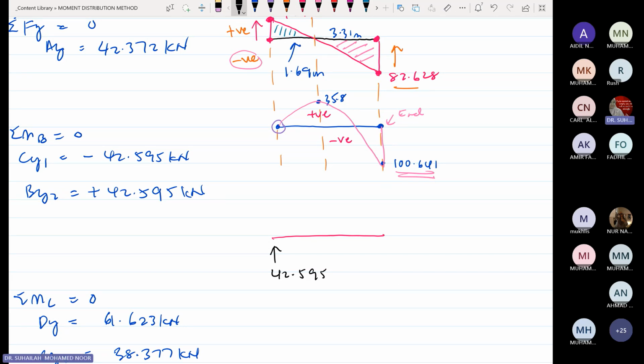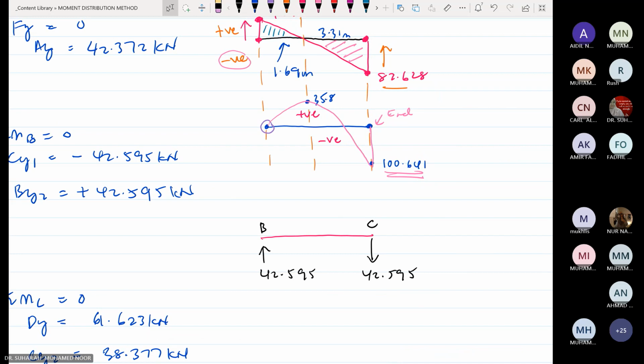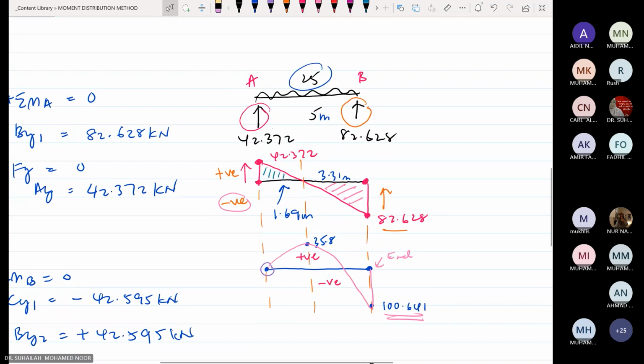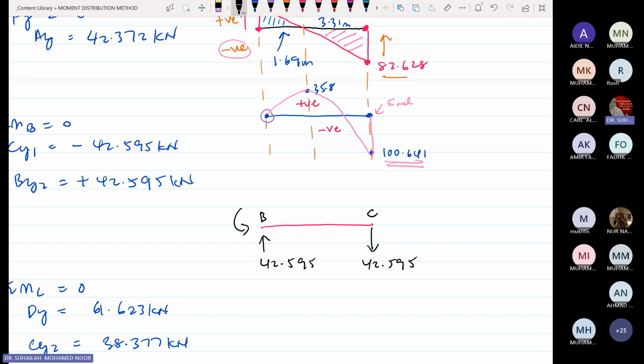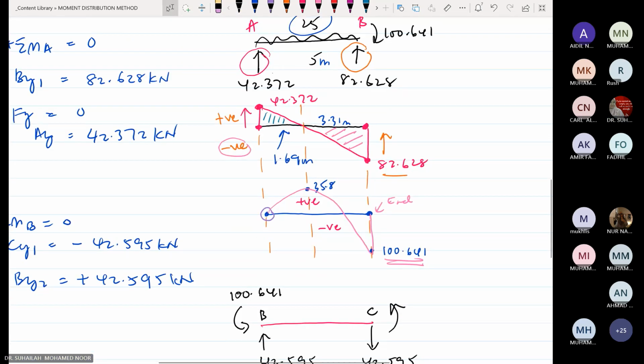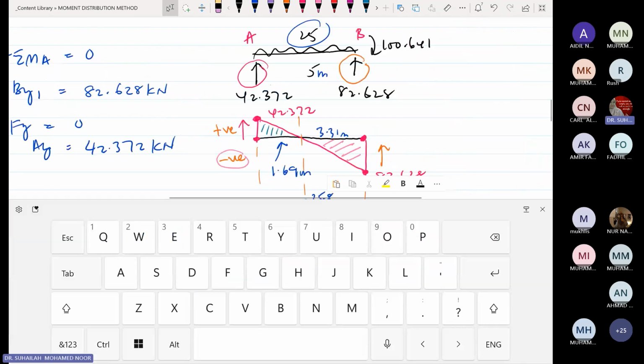This another one, CY is negative 42.595. Okay, so ni yang ni B, yang ni C. Lupa sini nak top tadi kan, 100 ni. Okay, so sini ada moment, dua-dua negatif. This is 100.641. Okay, 100.641 dengan 69.737.